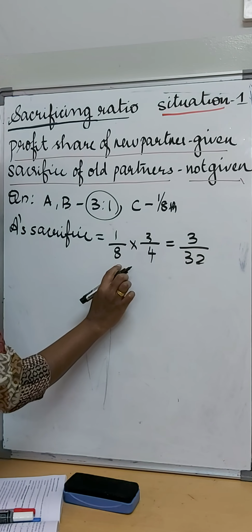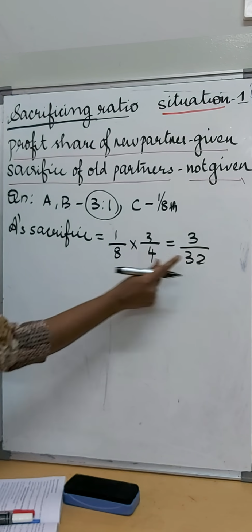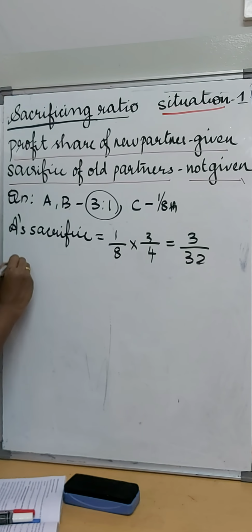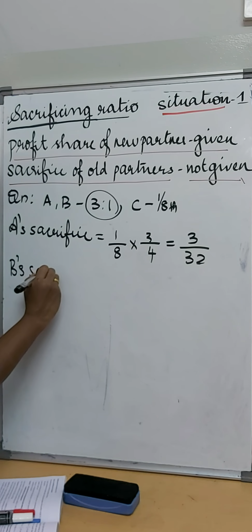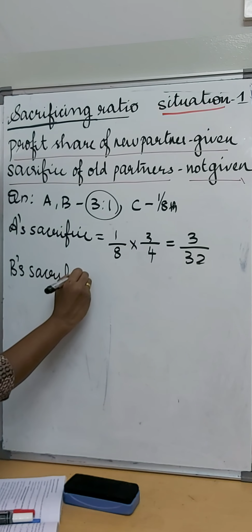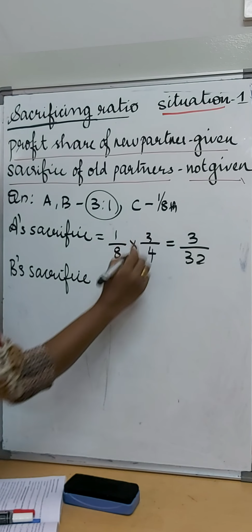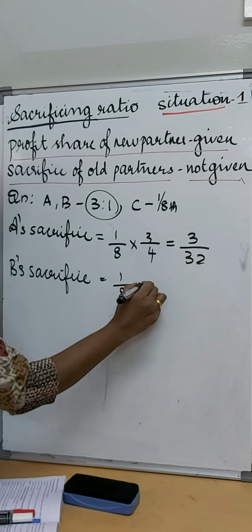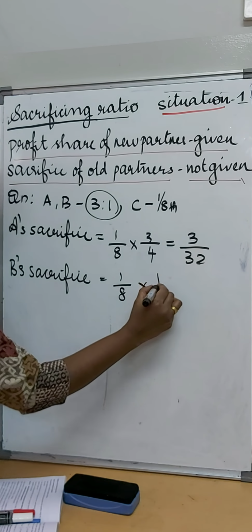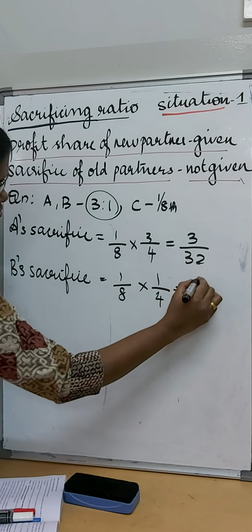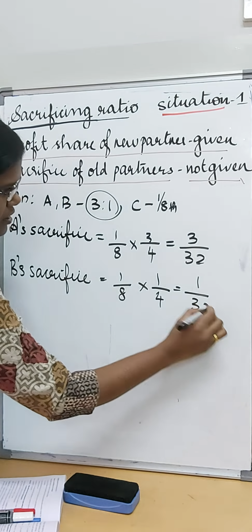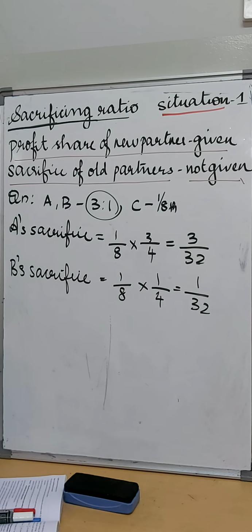3 ones are 3, 8 fours are 32. That is A's sacrifice. And B's sacrifice: 1/8 is the new profit of C and B's old ratio is 1/4, so 1/32 is B's sacrifice.